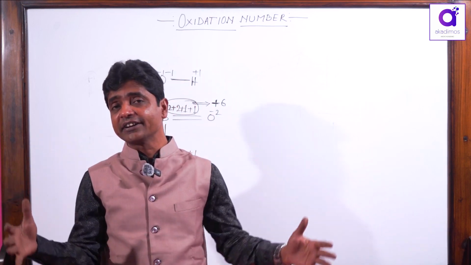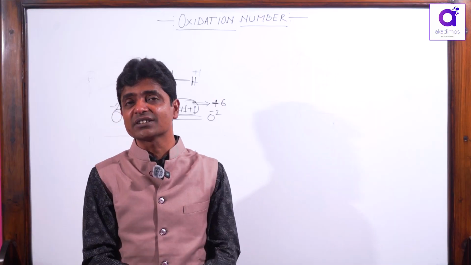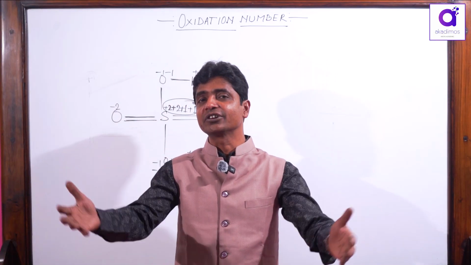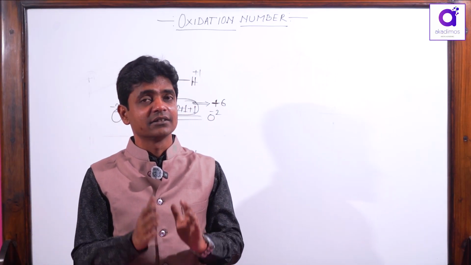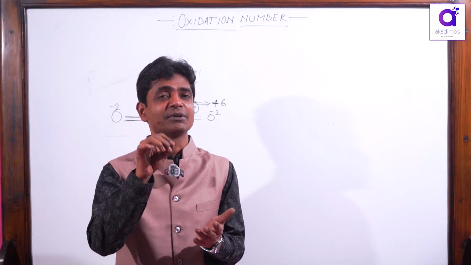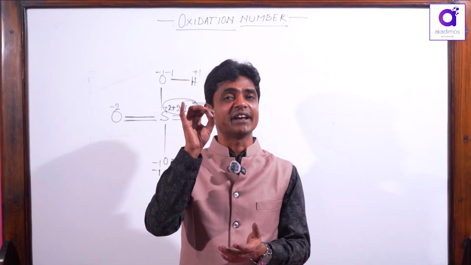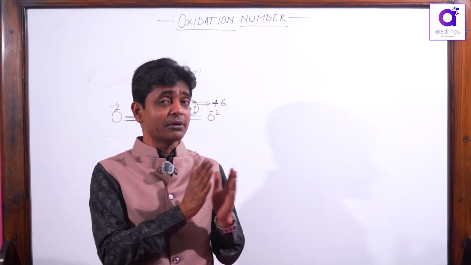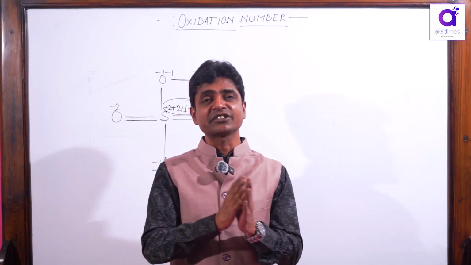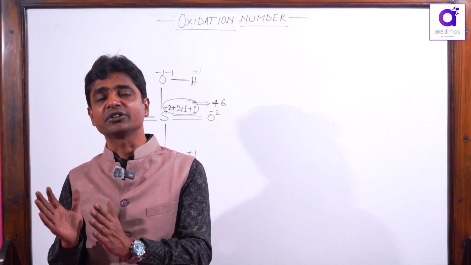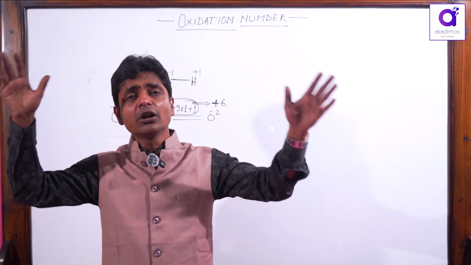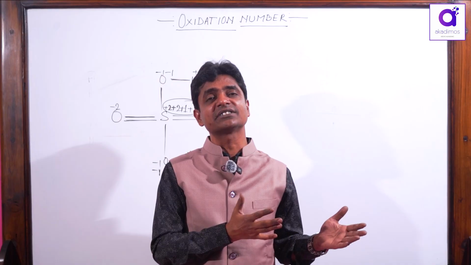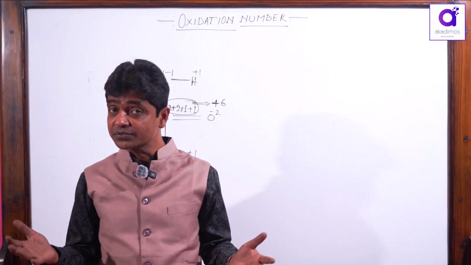If all 5 valence electrons polarize towards oxygen or a more electronegative atom, then the maximum oxidation number of nitrogen is +5, which you will get in HNO3 or the NO3 minus radical. So the minimum oxidation number of nitrogen is -3, the maximum is +5, and in all nitrogen molecules you will get between -3 and +5.